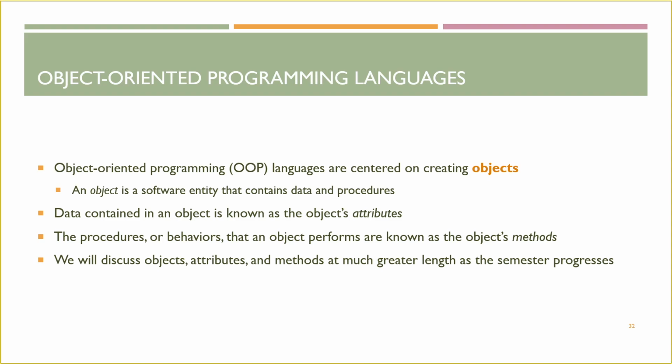Maybe they can enroll in a class. Maybe they can drop a class. Maybe they can check their grades, right? All of those things are actions that a student object can perform, otherwise known as methods. So attributes are the object's data. Methods are the object's behaviors or actions. And we're going to talk about these a lot more as we move on in the semester. I did just want to introduce them here.